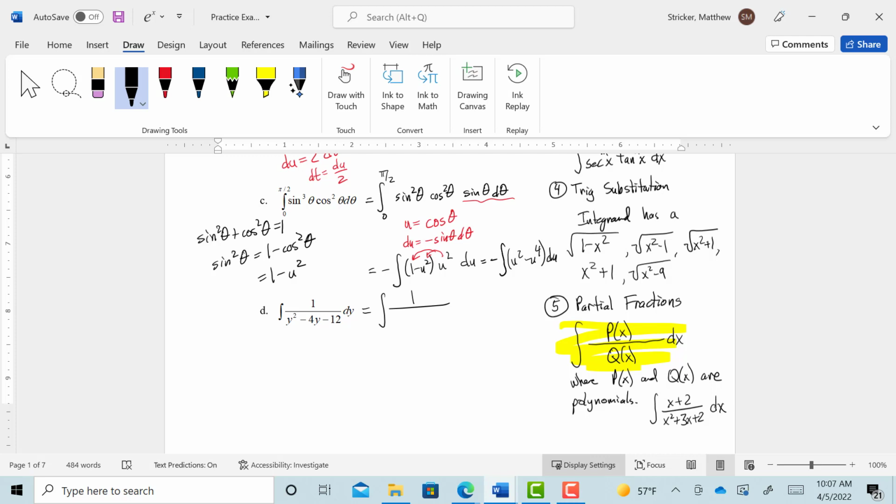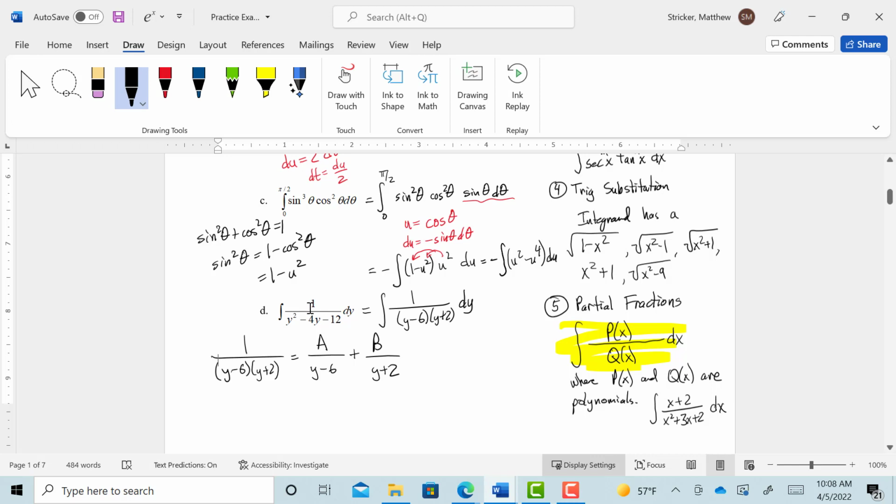So when you factor it, you're left with y minus 6 times y plus 2 dy. And so we can take that 1 over y minus 6 times y plus 2, and that should be rewritten as A over y minus 6 plus B over y plus 2. And you can go ahead and do that one from there.